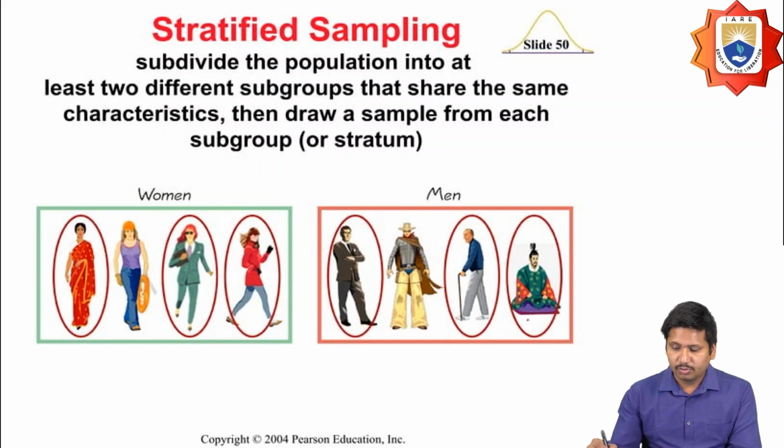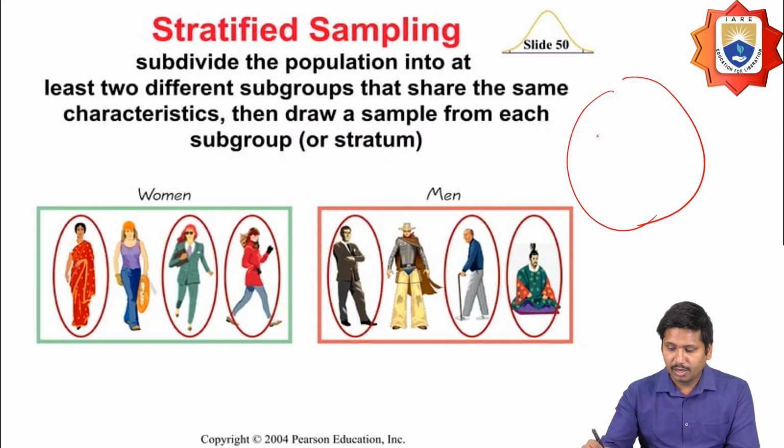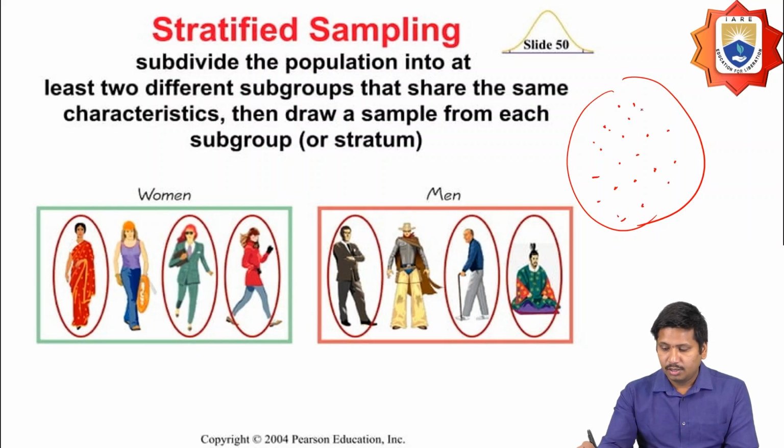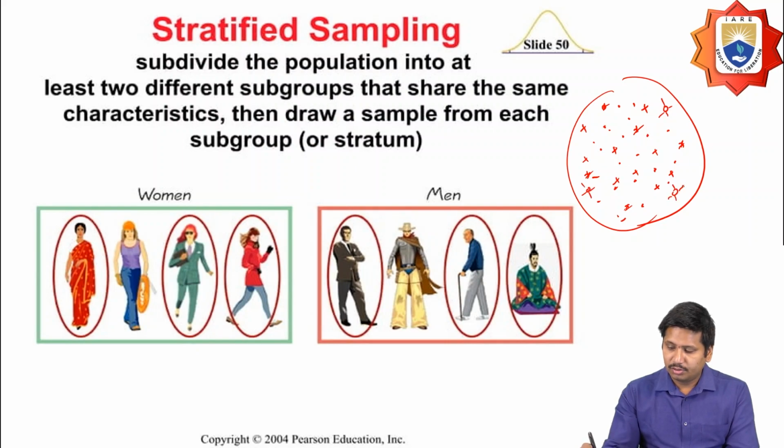Suppose this is the population I have, and within it I have some dots, another kind of data, a star as another kind of data, and another kind of population.